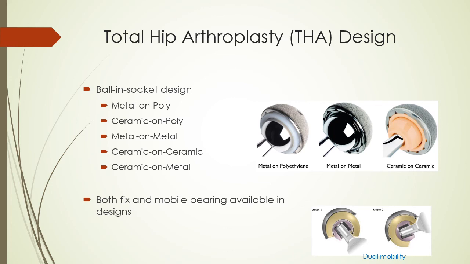For example, if we have a metal on metal, we had some historical failure regarding the metal debris from the wear. So I'm not going to go into much of the material properties for now, but the top two are metal on poly and ceramic on poly. So we've talked about in the design types, fixed and mobile bearing. They are both available with hip design.